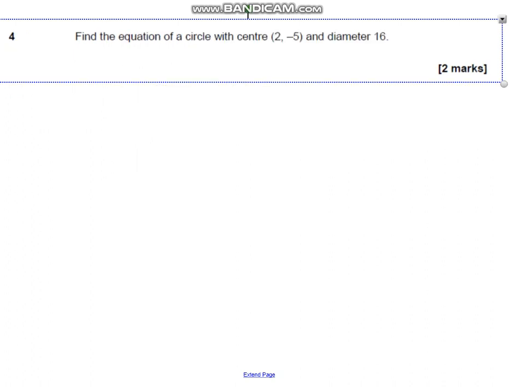Find the equation of a circle with centre 2, minus 5 and diameter 16. Okay, so if your diameter is 16, that means your radius must be 4. And so, no, the radius is not 4, the radius is 8. Okay, no judgments, just take it easy, we all mess up sometimes.